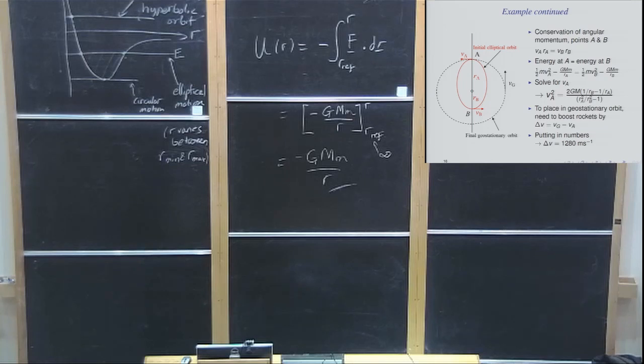This is its potential energy, and it is equal to the same two quantities here, but with a B subscript. Okay. So this gives us an expression which we can solve for V_A in terms of R_B and R_A. This is just from the energy conservation.